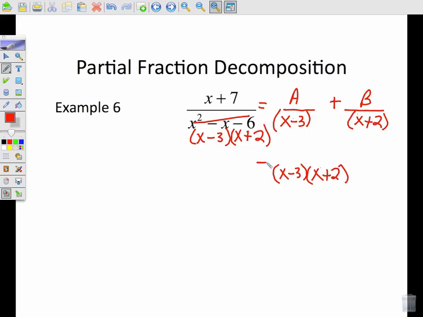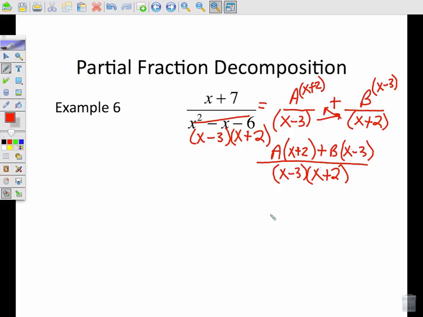Now, in order for me to rewrite this fraction, I have to multiply a times x plus 2, and I'd have to multiply b times x minus 3. This is how we get our common denominator. So this is a times x plus 2 and plus b times x minus 3.